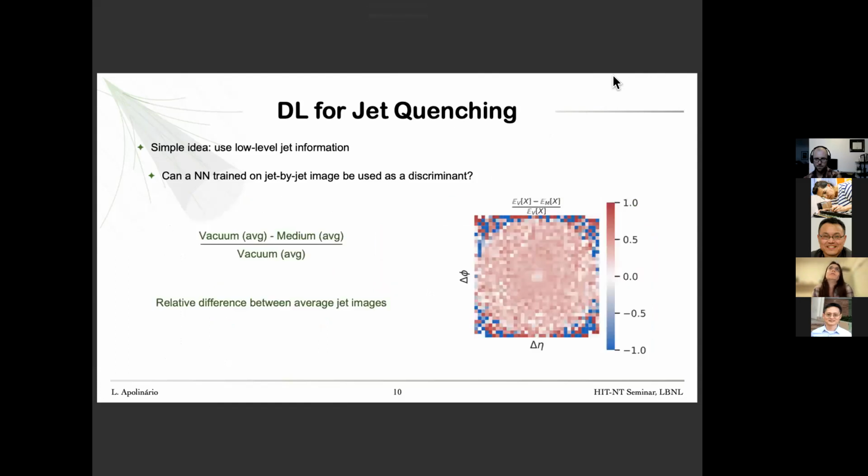But of course, for a neural network, this might actually work, because if I simply take the average and divide by the vacuum, taking this as the reference, we see that we have some sort of information, with differences in the pT regions that are occupied by my particles with respect to the vacuum reference.